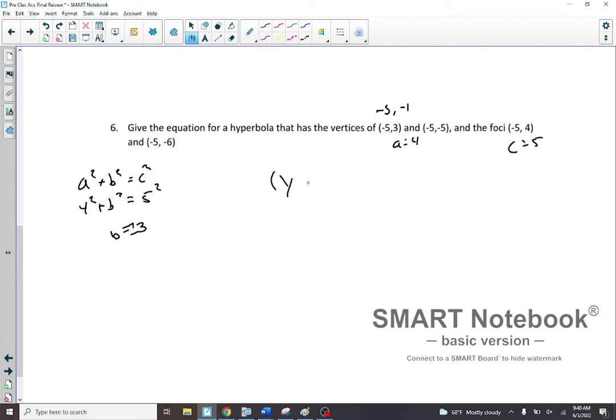So y minus, or plus 1, because it's negative 1, squared, over the a value squared, which is 16 in this case, minus the b value now, which is here for the x's, x plus 5 squared, over the b value squared, which is 9, equals 1.